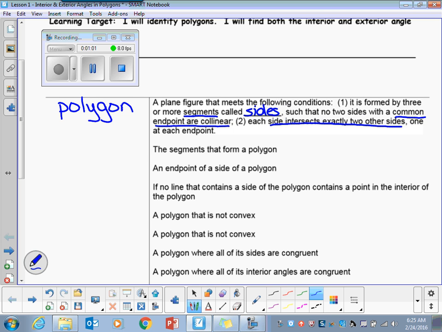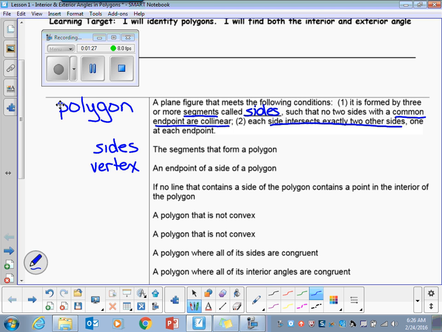In other words, if we go back to what you learned in elementary school, it has to have straight sides, no curves. It can't have any holes or gaps, and it can't have any overlaps. The sides are the segments that form the polygon, and the vertices, or vertex, is an endpoint of a side.